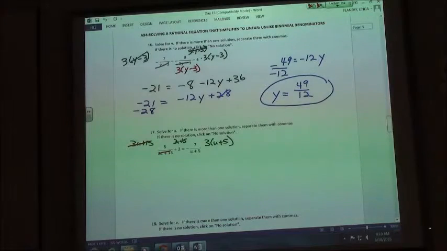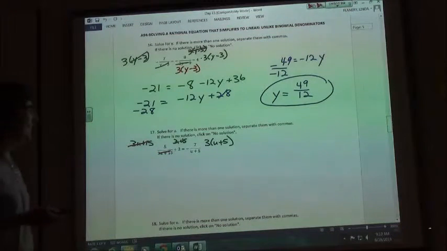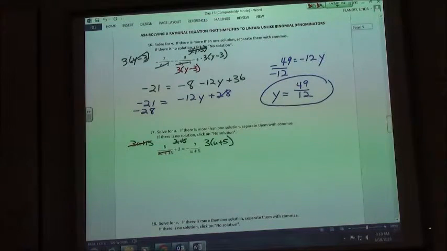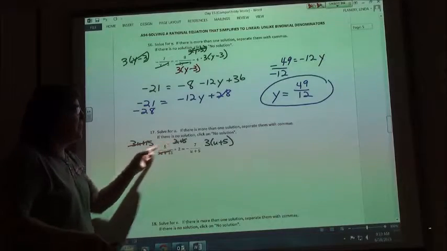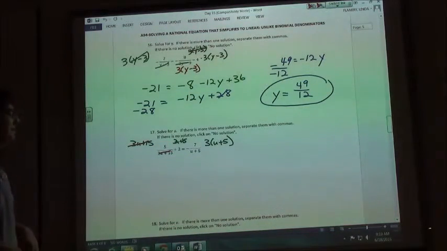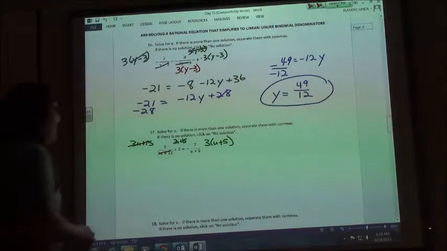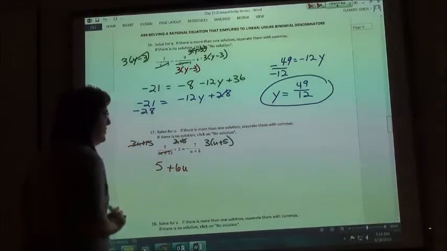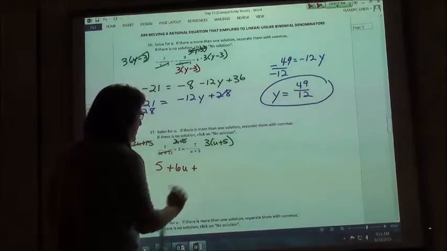Emily, what did you get? If I do this left side of my equation, what am I going to have? I got 5 plus 6 times u plus 5.